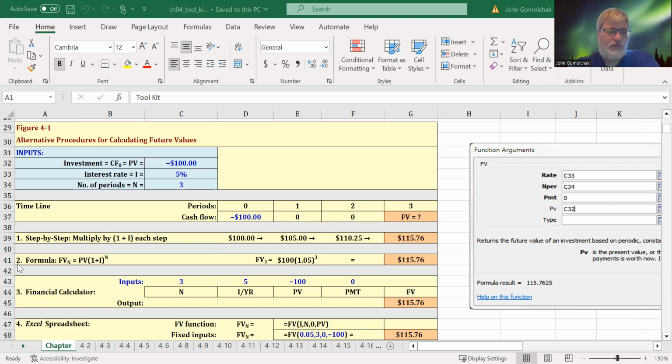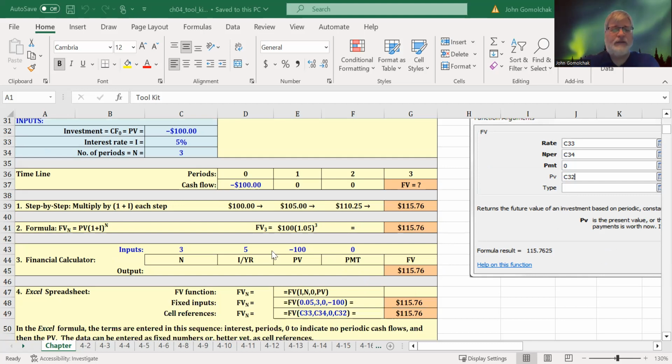But number 2, the formula. So it's going to be present value times (1 plus interest), to the nth power. Okay, so for our 3-year cycle here, it would be 100 times 1.05 to the third power. And so when you multiply that out, you would actually come up with the right answer, the $115.76.